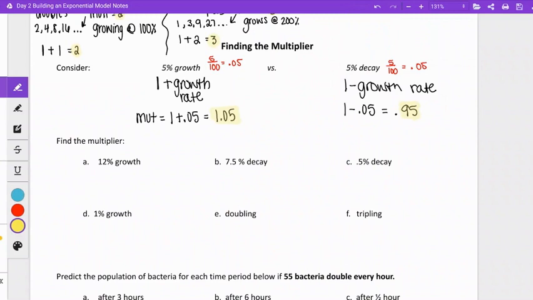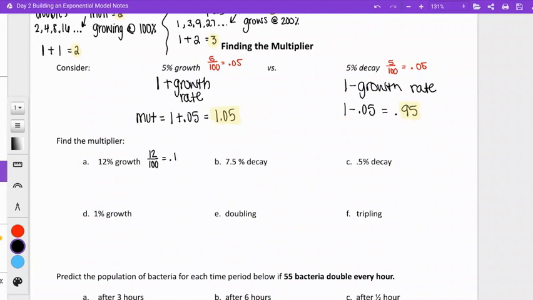So let's try a few, right? So for instance, if I'm saying that my money in my savings account grows at a 12% rate, what is going to be the multiplier in our equation? Well, we're going to take 12%, which is 12 divided by 100. That's 0.12.